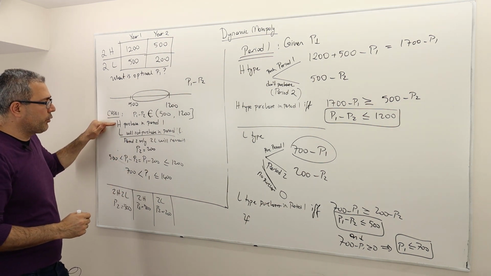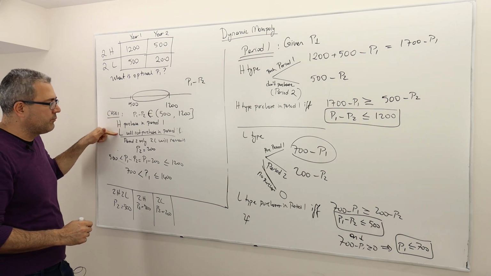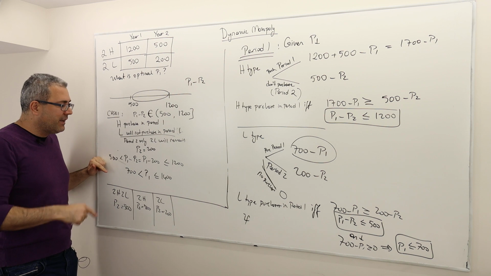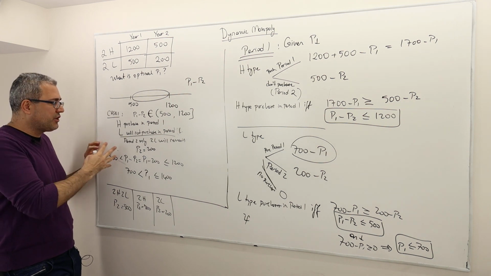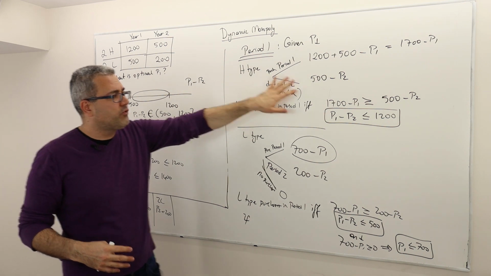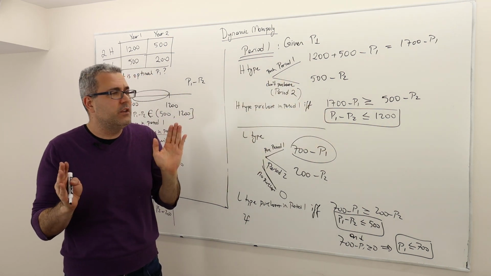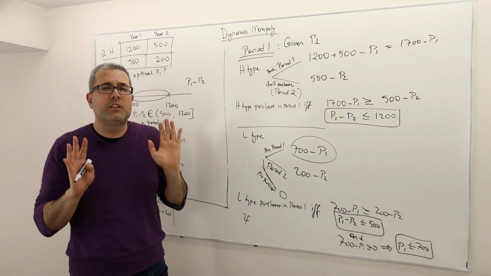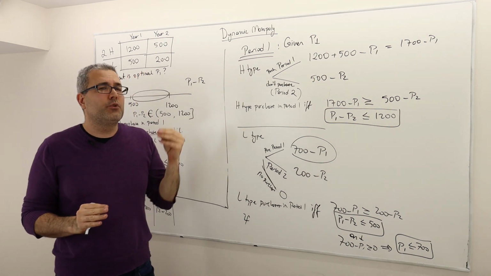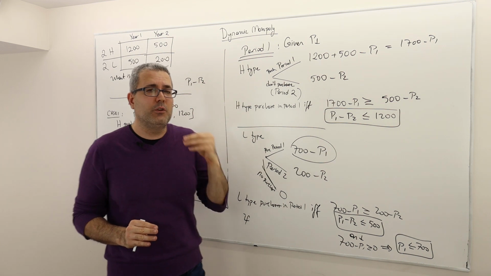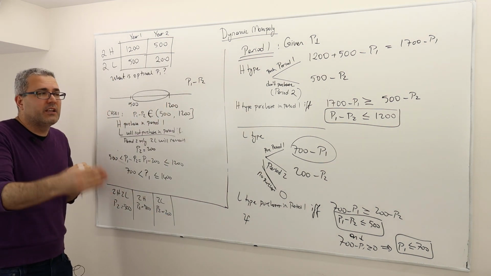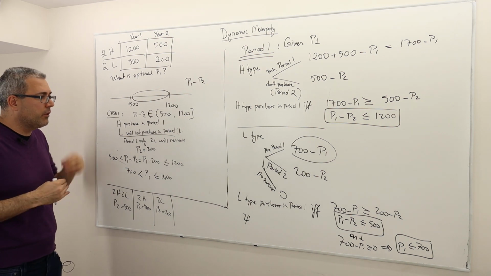H is going to purchase in period 1, L is going to purchase in period 2, all right? And I know that the H types will not purchase in period 2 because I already checked this. This P1 minus P2 less than or equal to 1200 means the high types actually prefer to purchase in period 1 rather than purchasing in period 2. All right.